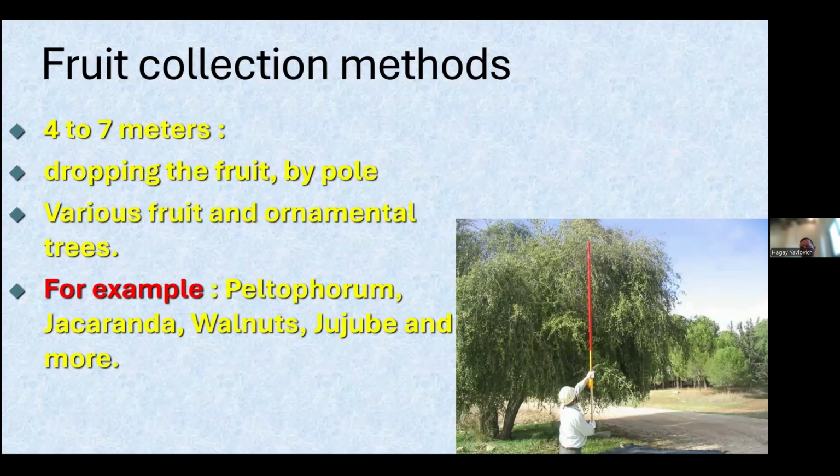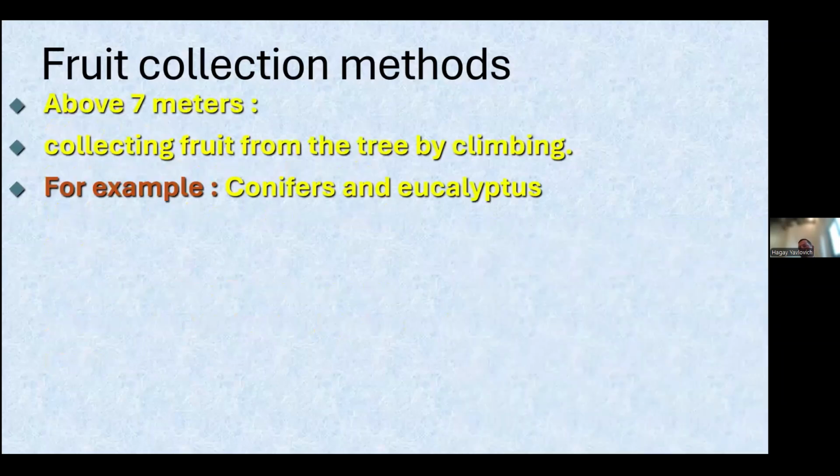We just drop the fruit by pole, and then you take them to the seed center, and you can work on the fruit. The more interesting work is when you get to trees that are higher than 7 meters, then the collection must be by climbing or by, we will see how.